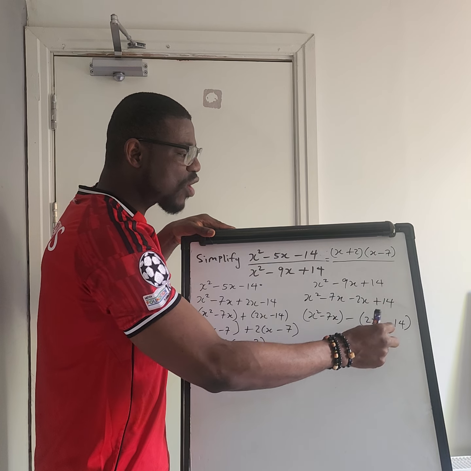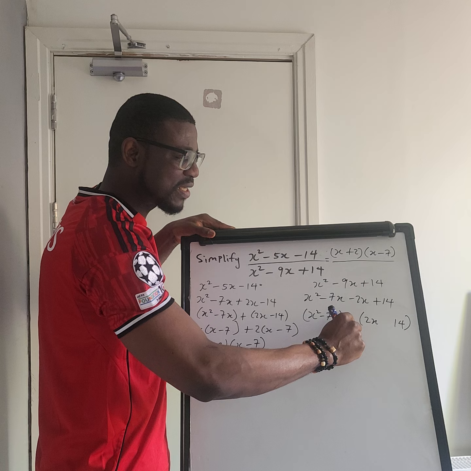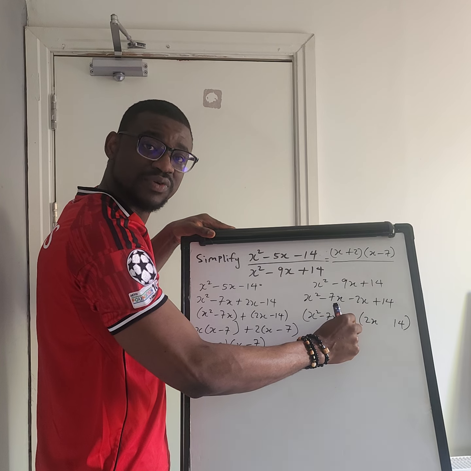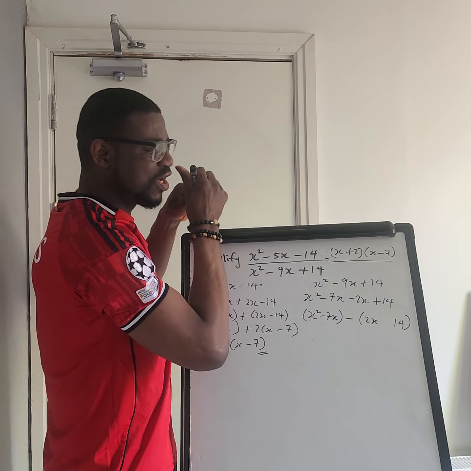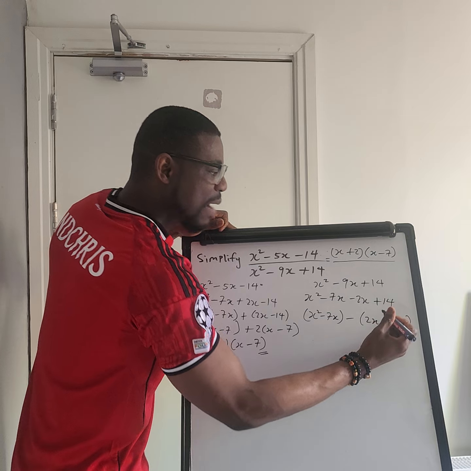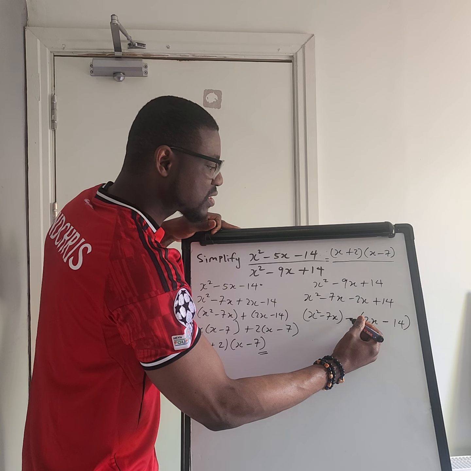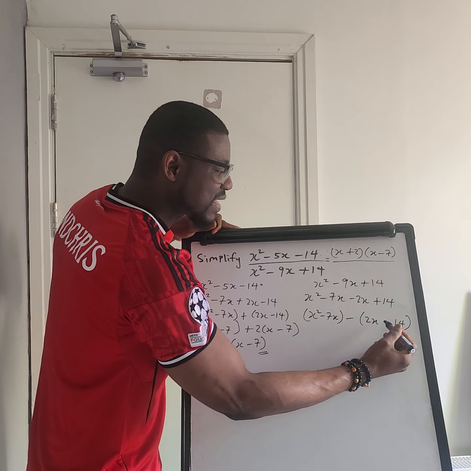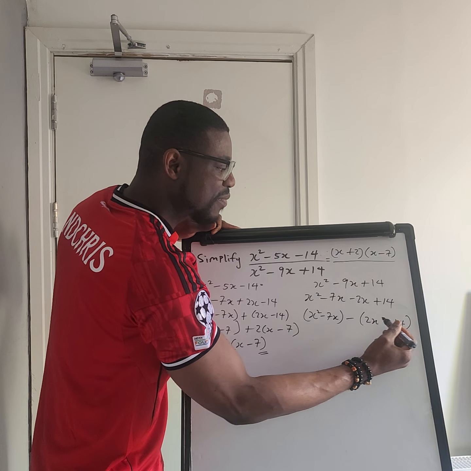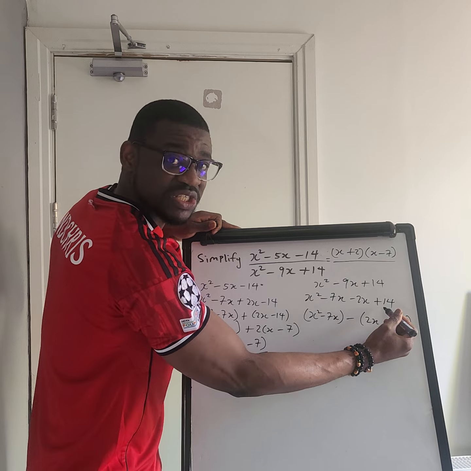Now, I have to arrange this bracket in a way that when I multiply the bracket with this negative sign here, it must give me back what I have here. So in order to get this plus here, I must put negative. So that when I say minus times 2x, I'll get minus 2x. Minus times minus 14 will give me plus 14. Have you seen it now? So you have to be careful whenever you have this kind of situation.